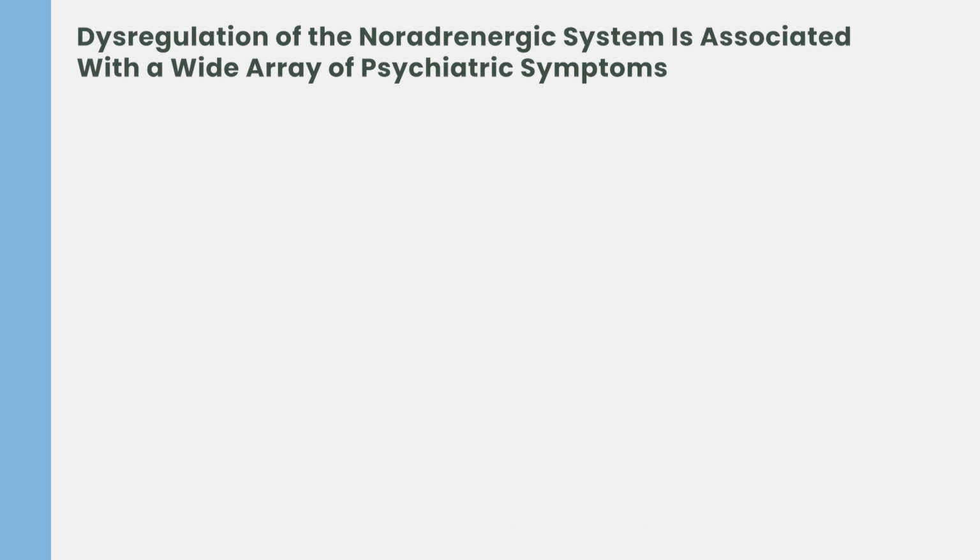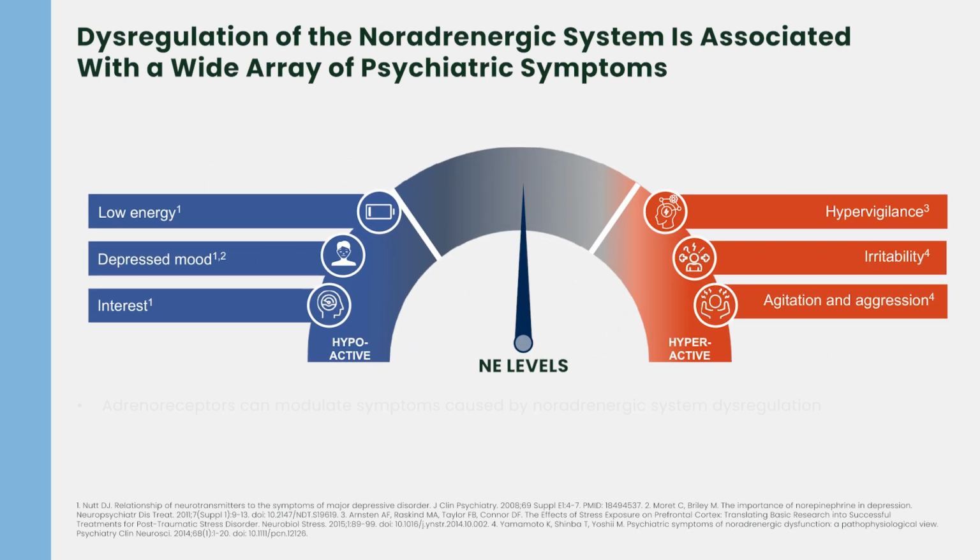And it's the dysregulation of the noradrenergic system that is associated with a very wide variety of psychiatric symptoms. Take a look on the left. If the norepinephrine system is underfunctioning, we get symptoms of low energy, depressed mood, reduced interest. But by the same token, too much, way too much, is not a good thing. You can get hypervigilance, irritability, aggression.